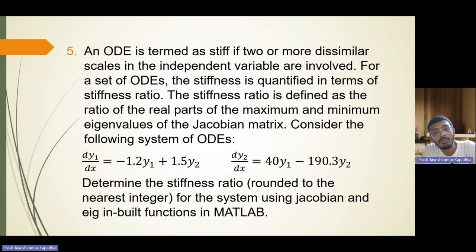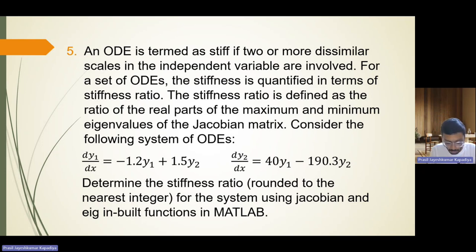Consider the following system of ODEs. dy1 by dx is equal to minus 1.2 y1 plus 1.5 y2. In my second equation, dy2 by dx is equal to 40 y1 minus 190.3 into y2. Determine the stiffness ratio for the system using Jacobian and eig inbuilt functions. Okay, so see, the stiffness ratio is defined as the ratio of the real parts of the maximum and minimum eigenvalues of the Jacobian matrix.